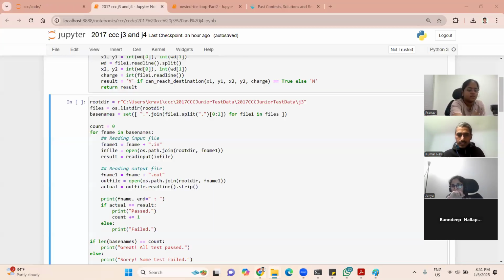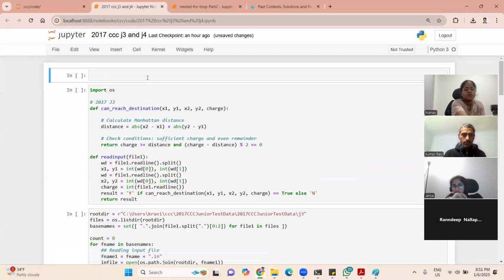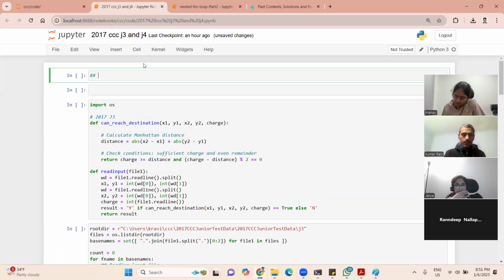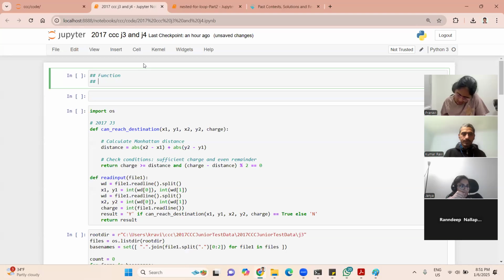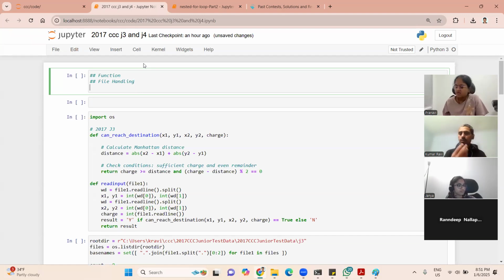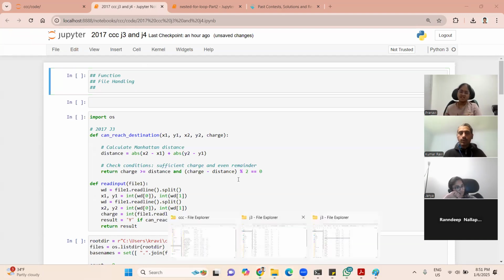For that, we need to learn a couple more things. You need to know functions to simplify your work, and file handling, which is not required for the exam. In the exam, you don't need this. File handling means here I have test cases they have given, so I need to process them.